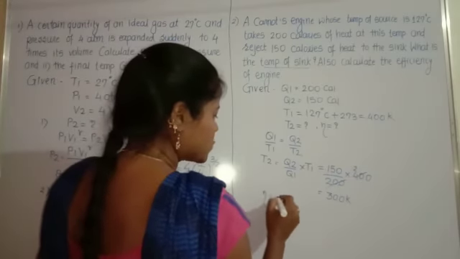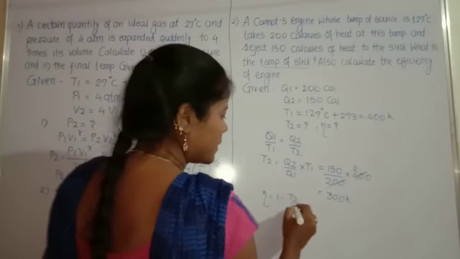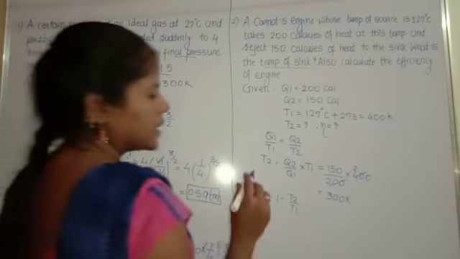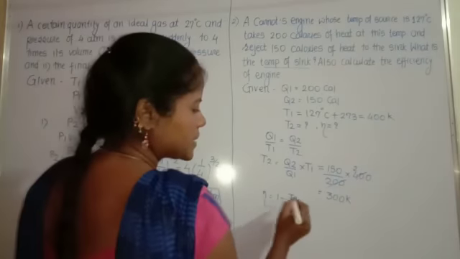Then the second part, efficiency. Eta equals 1 minus T2 by T1. We have the formula T1 minus T2 divided by T1, that is 1 minus T2 by T1.